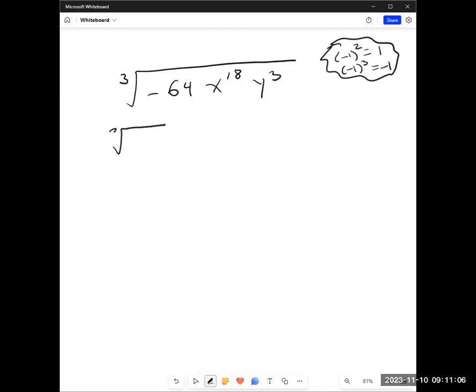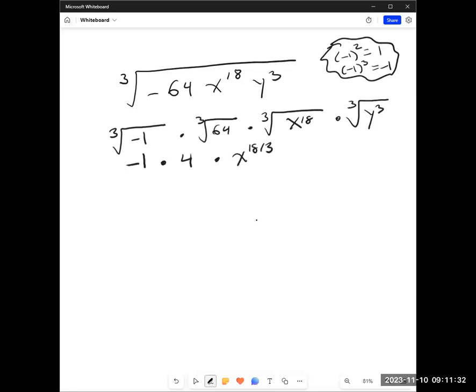This is going to be the cube root of negative 1 times the cube root of 64 times the cube root of x to the 18th times the cube root of y to the 3rd. So this is negative 1 times the cube root of 64 is 4 times x to the 18 divided by 3 times y to the 3 divided by 3, which is negative 4, x to the 6th, y to the 1st.